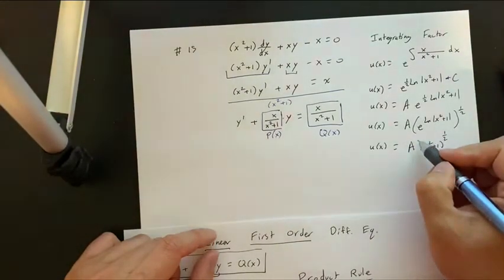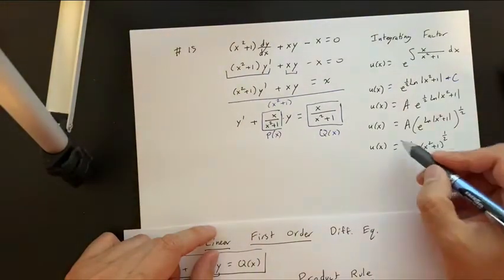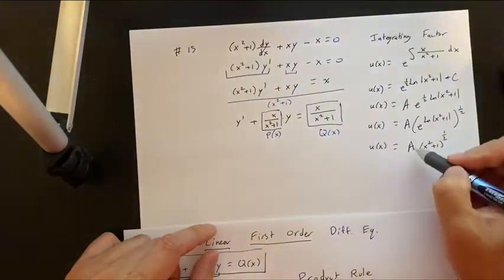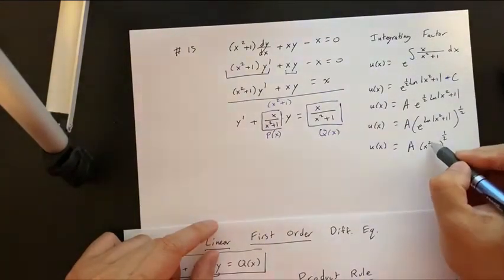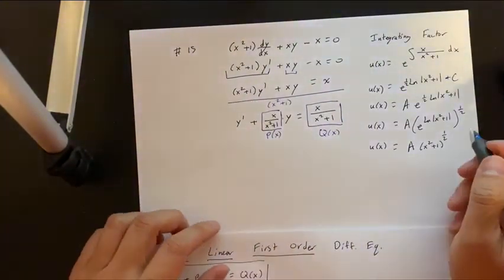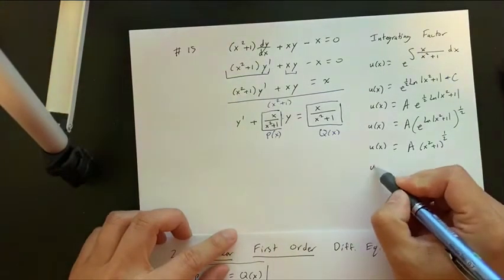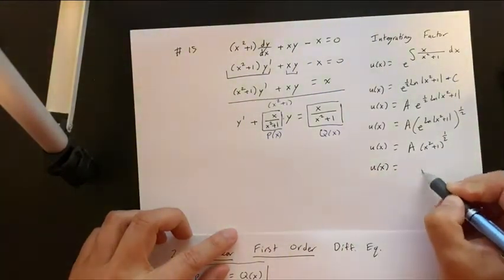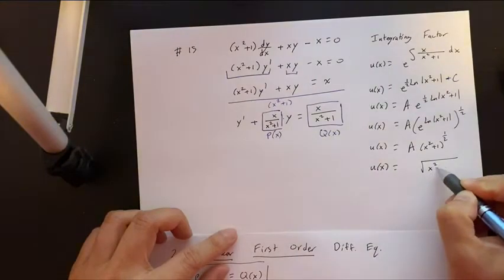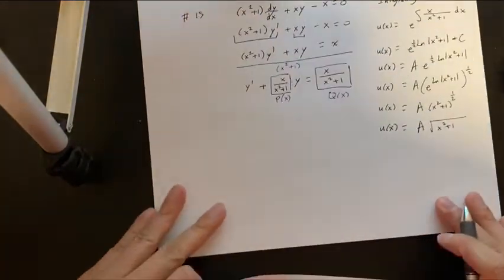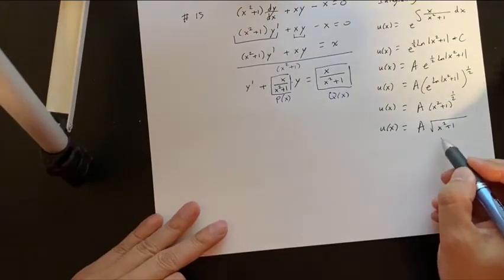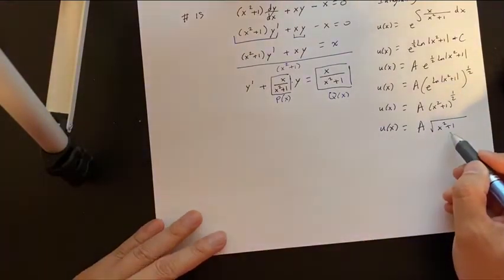And as I said, this a is just a very useless a. So as it absorbs all the plus or minus from the absolute value, you'll get to just cancel it out. So you don't have to worry about it. So here, this u of x is equal to the square root of x squared plus 1 with an a in front. And that is going to be my integrating factor.